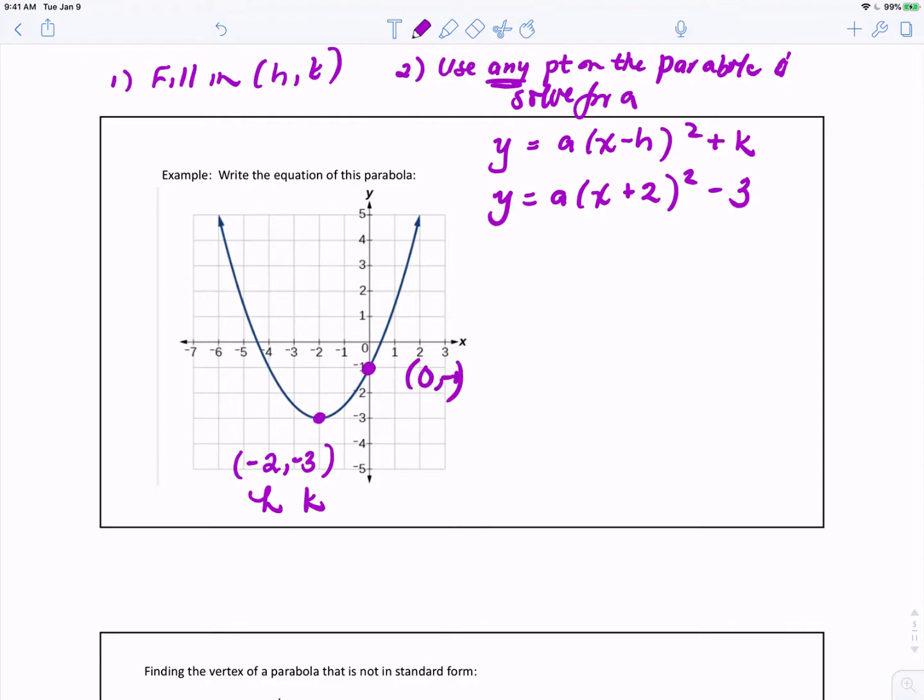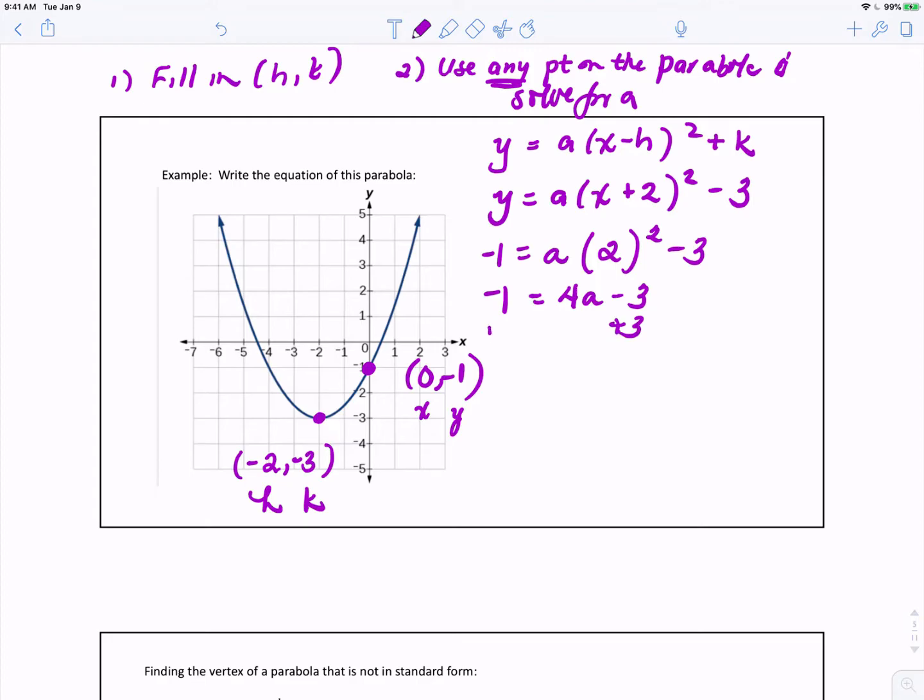I'm picking that point because one of its coordinates is 0, and it'll make it really easy to plug into the equation. So I plug in 0 for x and -1 for y, and solve for a. We get -1 = a(0 + 2)^2 - 3, and 0 plus 2 is just 2, so 2 squared. In other words, -1 = 4a - 3.